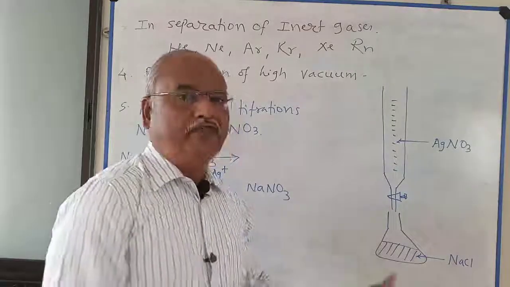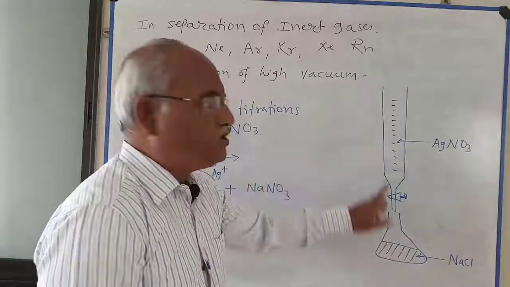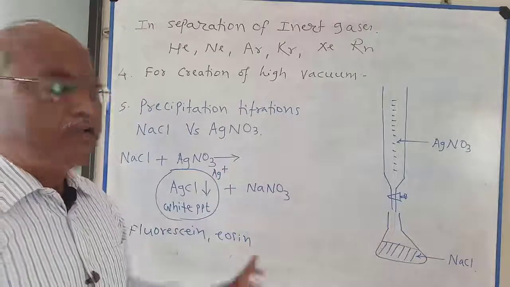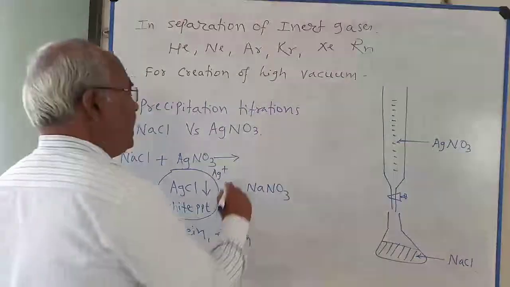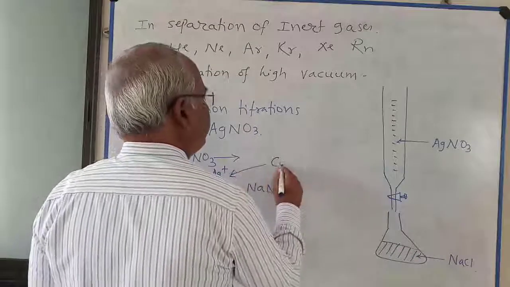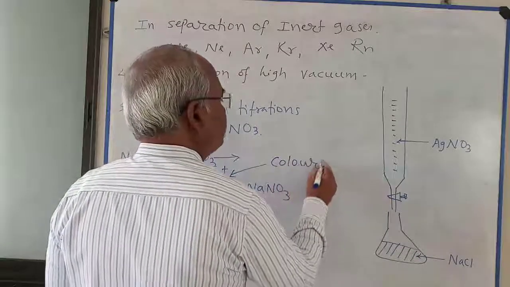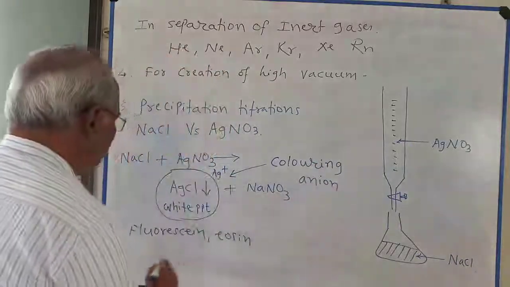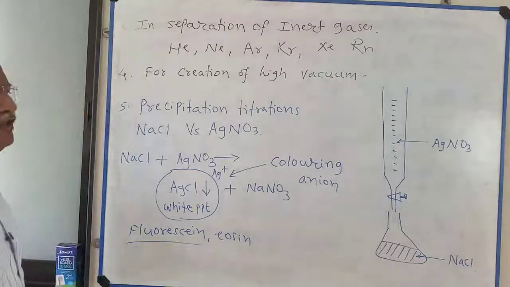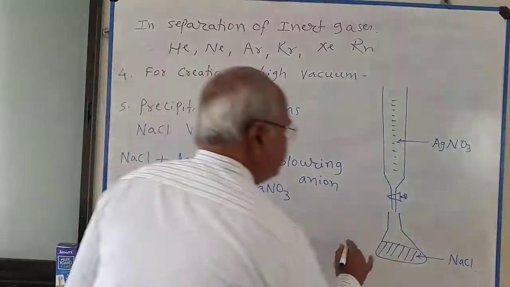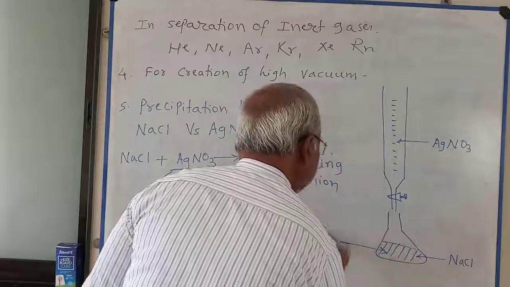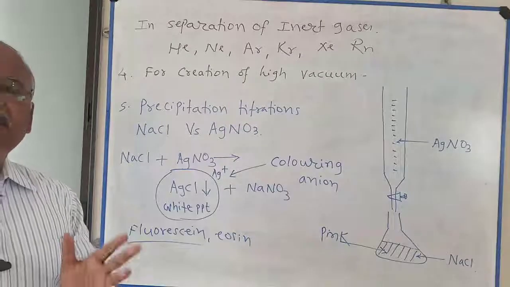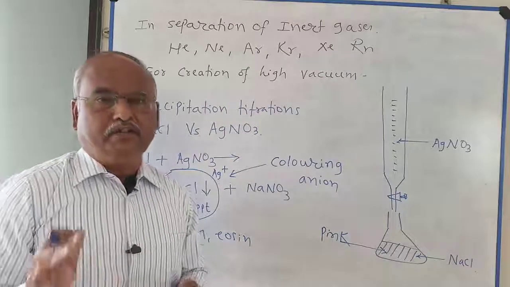Silver chloride adsorbs the added extra drop of silver nitrate, that is Ag+ ion. This Ag+ ion adsorbs coloring matter or coloring anion, negatively charged ion, from this fluorescein indicator, and the whole solution turns pink. That is the end point of the titration.